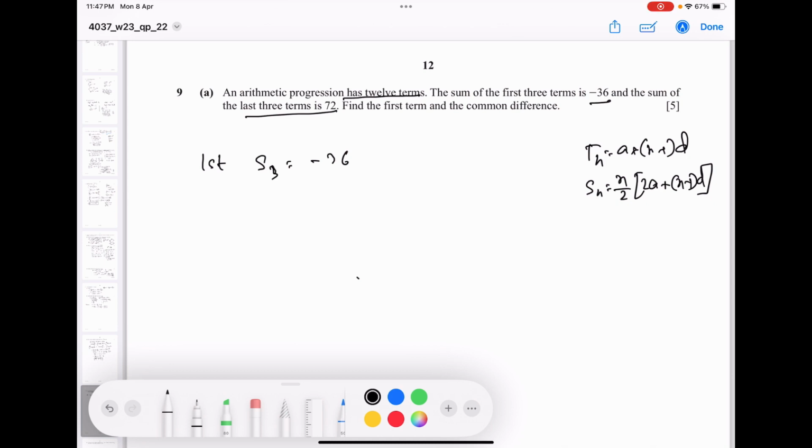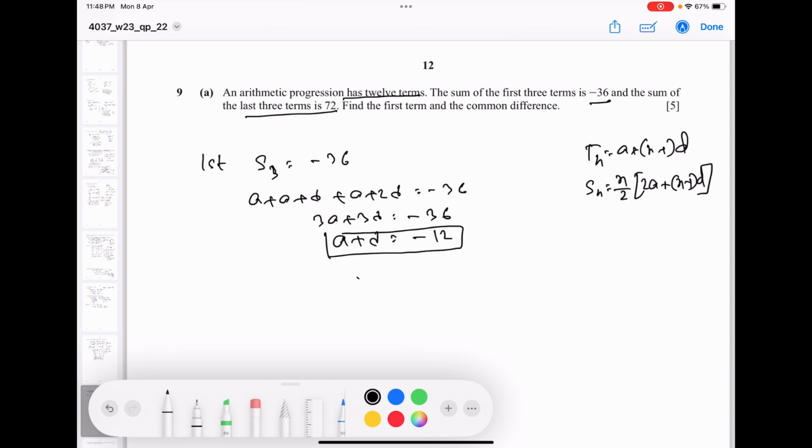So the sum of 3 terms: a plus a plus d plus a plus 2d equals minus 36, that is 3a plus 3d equals minus 36. So a plus d equals minus 12.